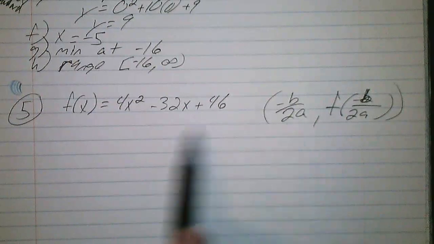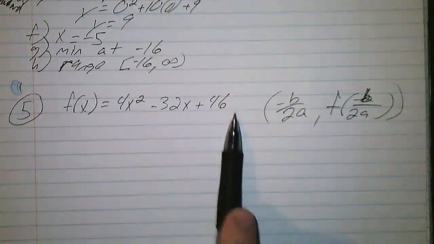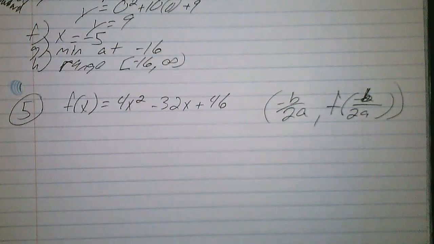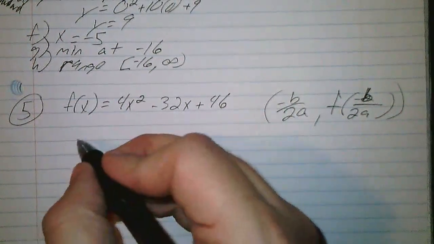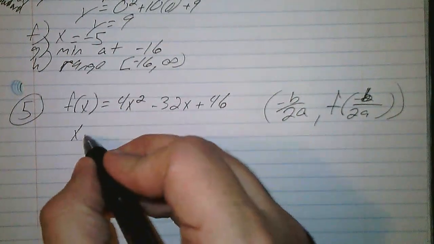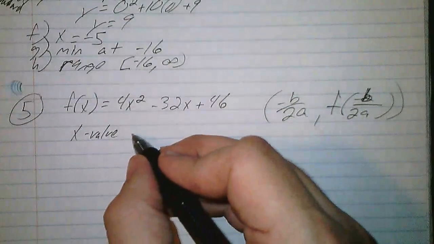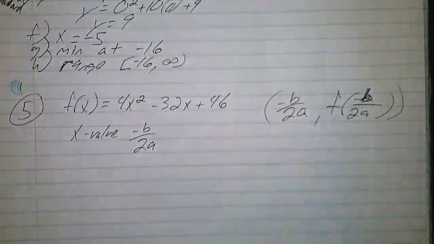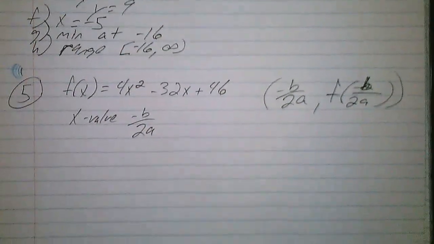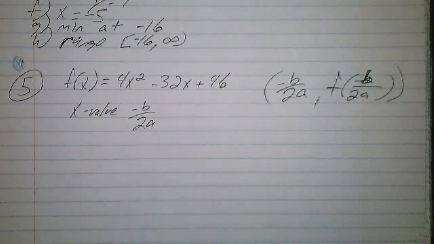Or take that x value, plug it into this equation, solve for y. But again, it's easy to find the x value of the vertex because that's just -b/2a. That's really important, so know how to do that.